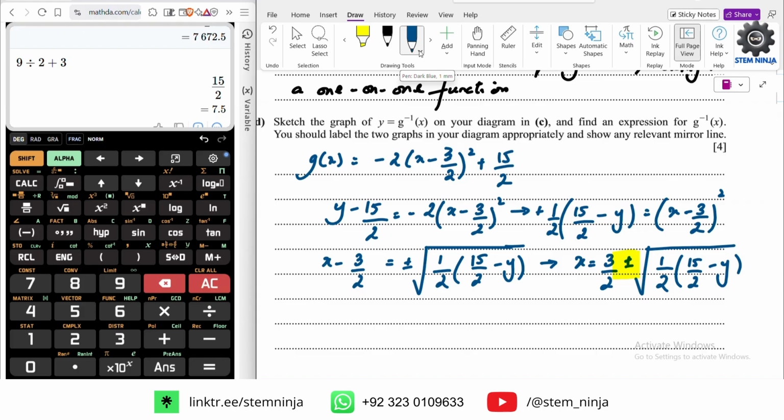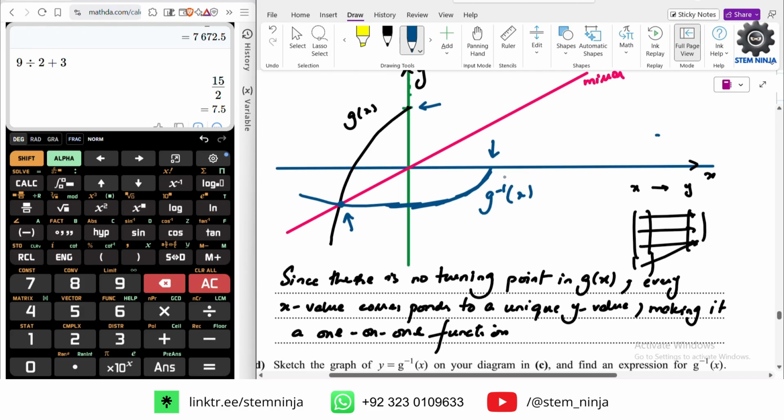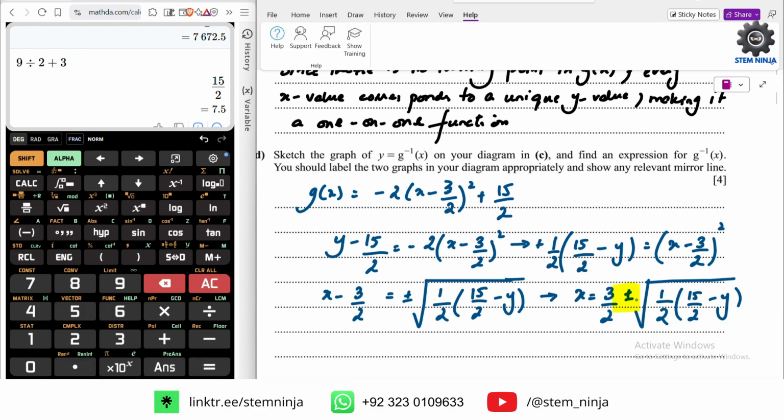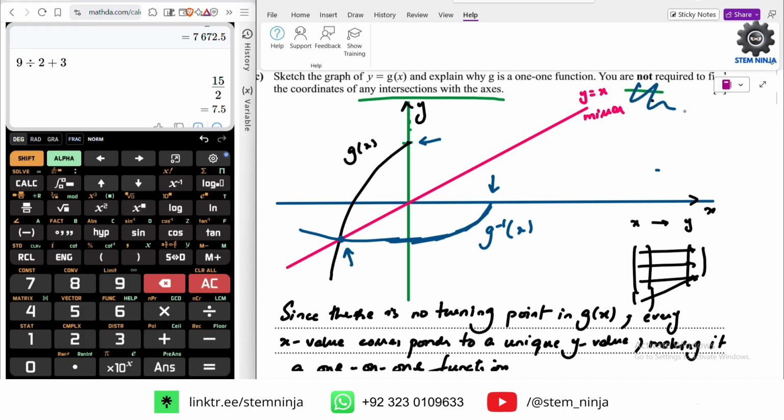So remember this, that the graph is actually going lower and lower. So this is 3 over 2 minus that. So the y value of this, this is now g inverse, g inverse is going less than that. Furthermore, also a fact that is very important in inverse functions, the range and domain swap.